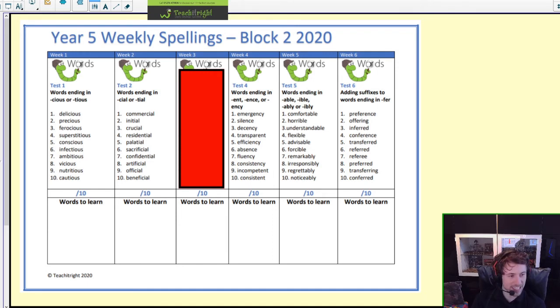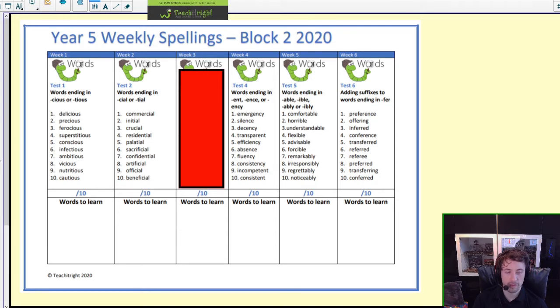Number 4, as a teacher, it's my job to offer you guidance and advice. The word is guidance. Number 5, the period of time when a mum is carrying a baby, we call that pregnancy.